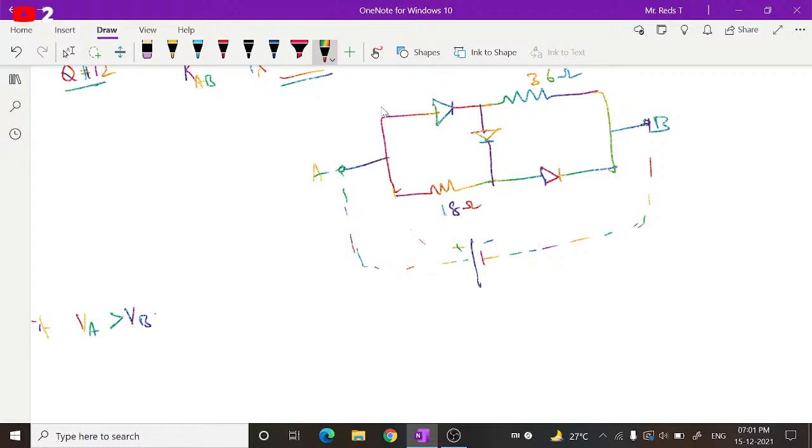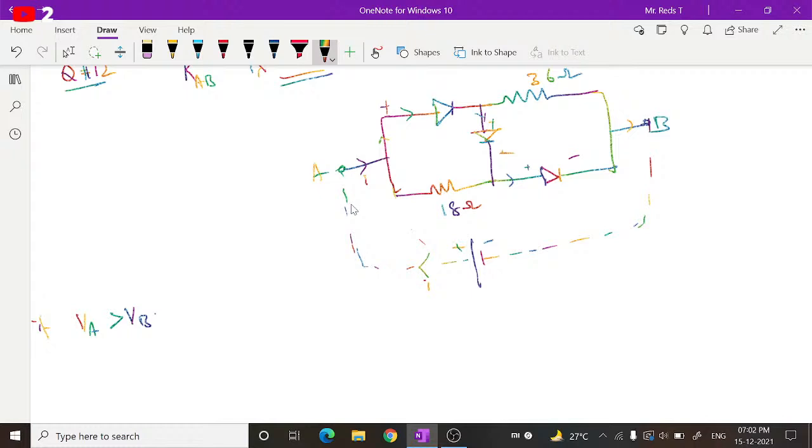This will conduct, and this also will become forward biased and conduct. As they are conducting in forward bias, whatever current is drawn will flow through this, through this, and come out.